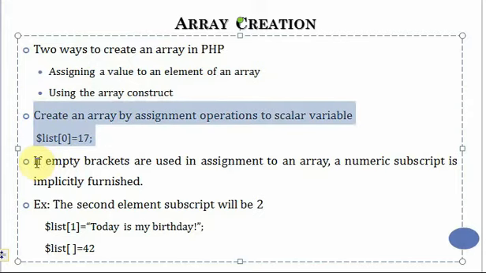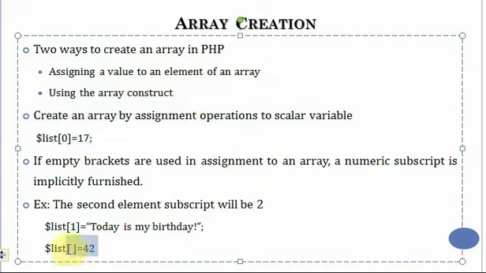Next thing, if empty brackets are used in an assignment to an array, a numeric subscript is implicitly furnished. So what will happen here? If empty brackets are used, you can see you have not mentioned any key value. If empty brackets are used in assignment to an array, a numeric subscript is implicitly furnished.